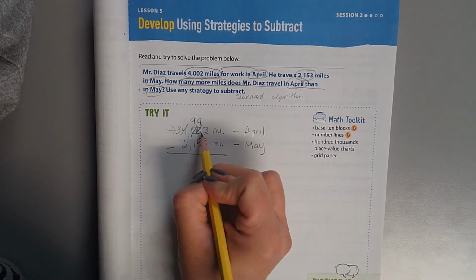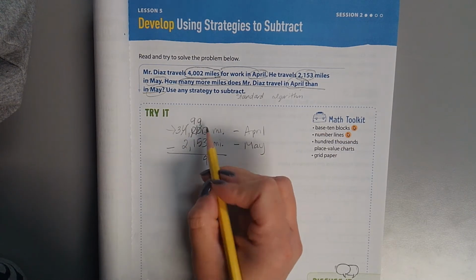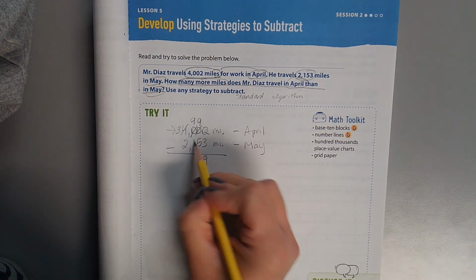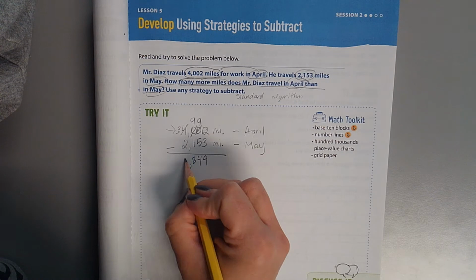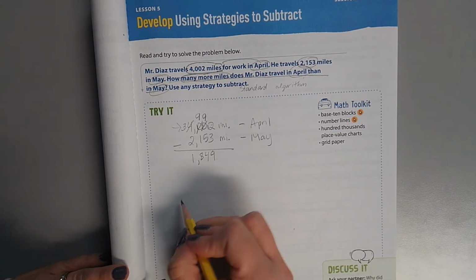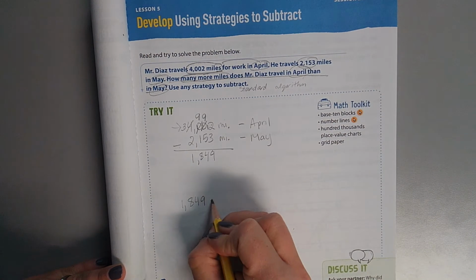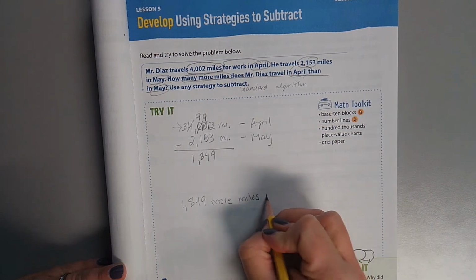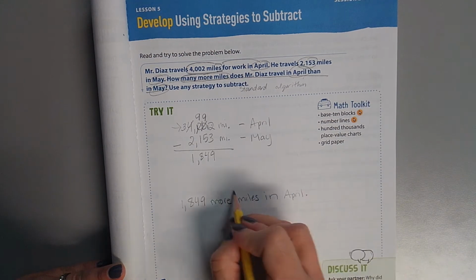Making this 9 and borrowing again. 12 minus 3 is 9. 9 minus 5 is 4. 9 minus 1 is 8. Bring down our commas. 3 minus 2 is 1. So the answer is 1,849 more miles in April.